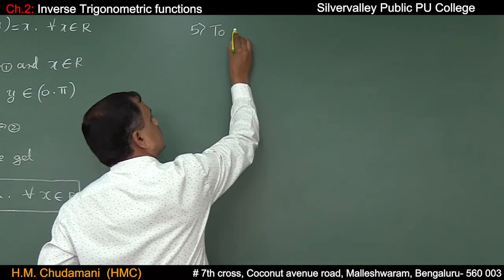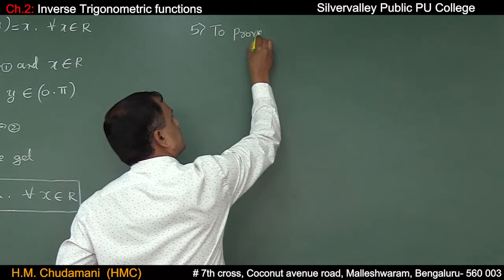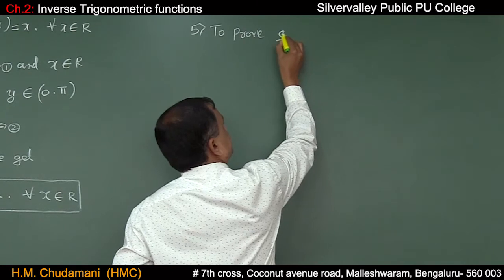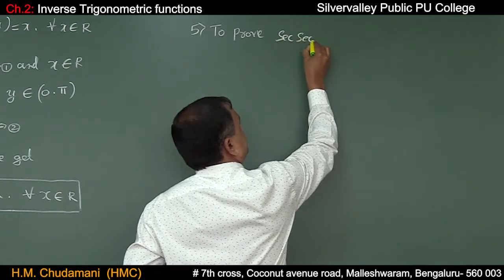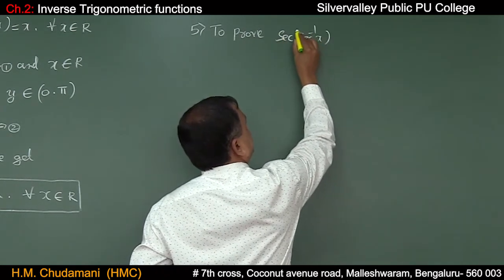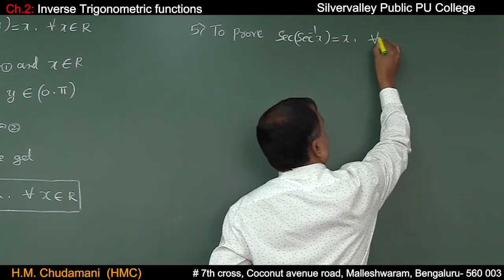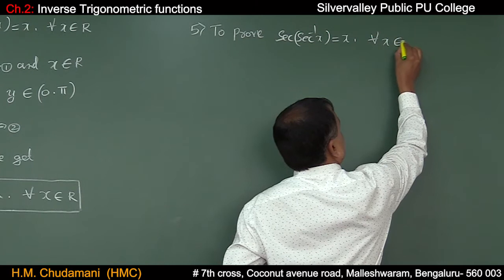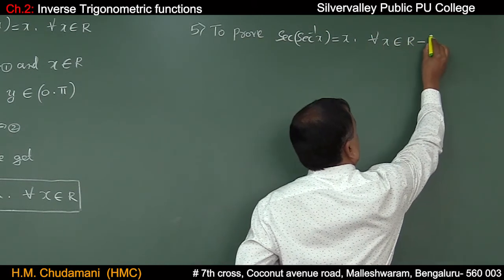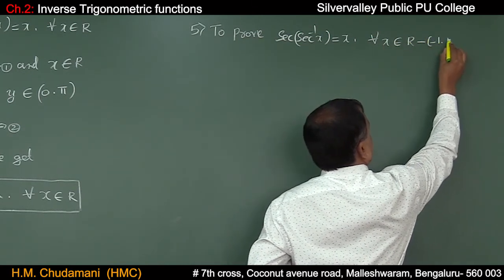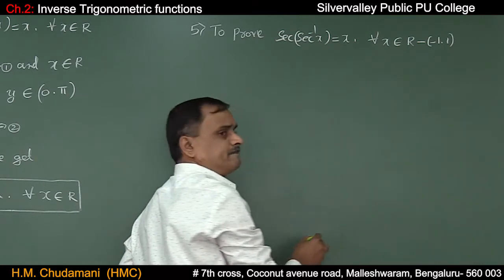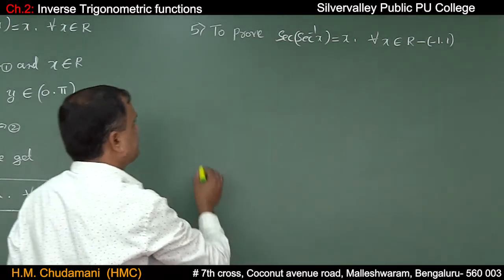To prove secant of secant inverse x is equal to x for all x belongs to the real numbers except minus 1 comma plus 1. Okay. Proof.